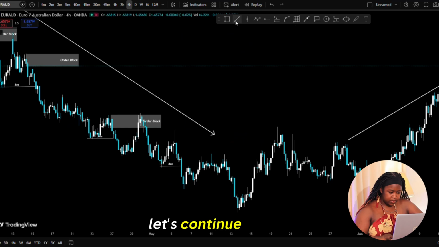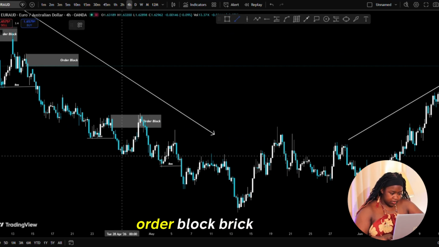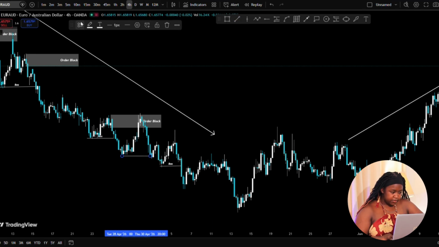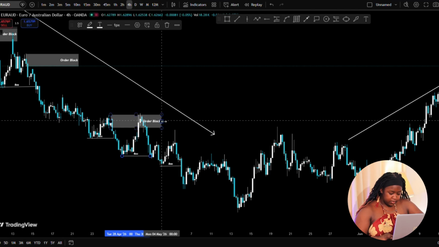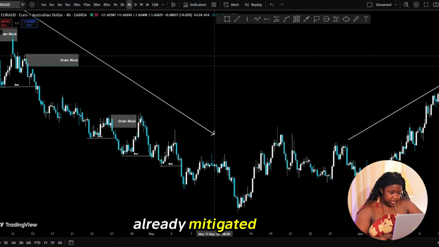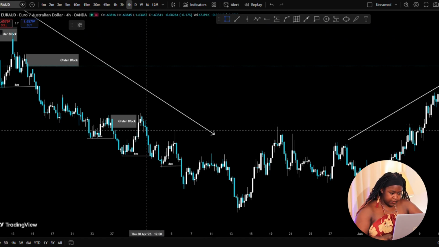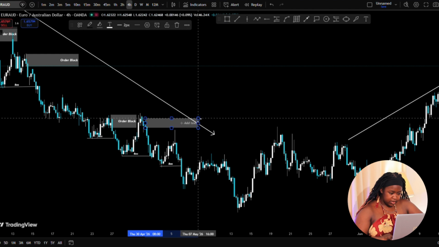Let's continue. There was another order block, break of structure right here. Because this order block is already mitigated, let's just reduce it, and then our key level order block here.